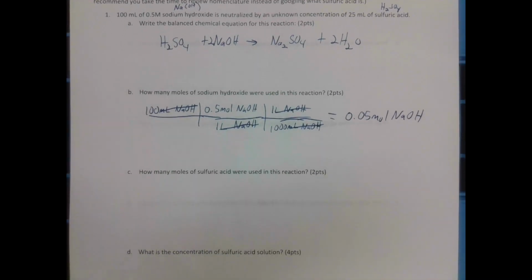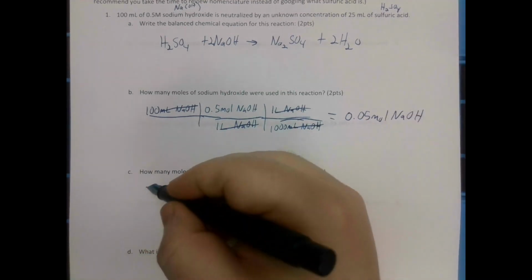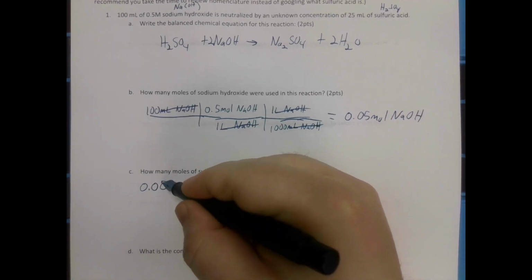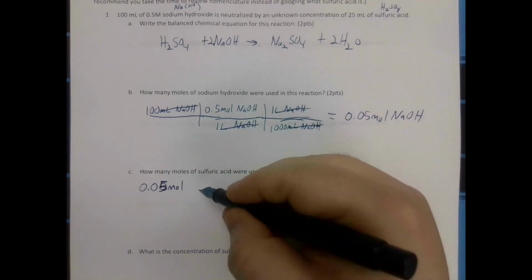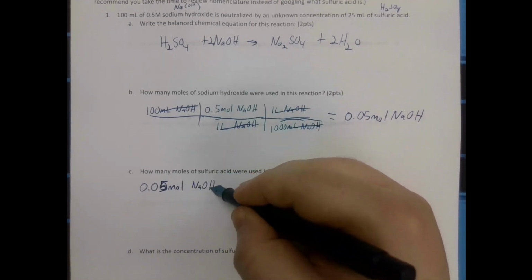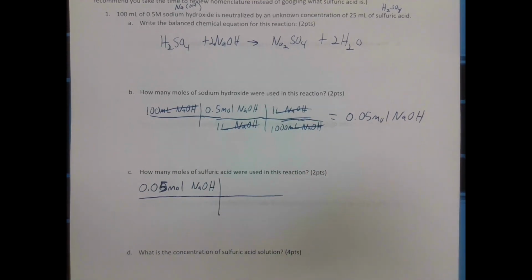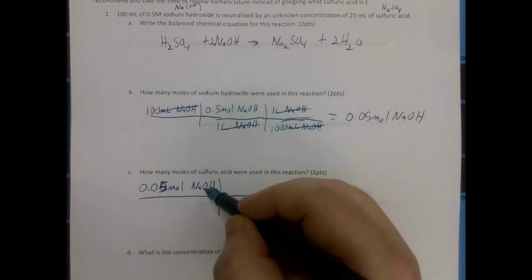How many moles of sulfuric acid was this? So, start with what we're given. We're given 0.05 mole of NaOH. Again, dimensional analysis. We want a conversion factor, and I want mole NaOH on the bottom.